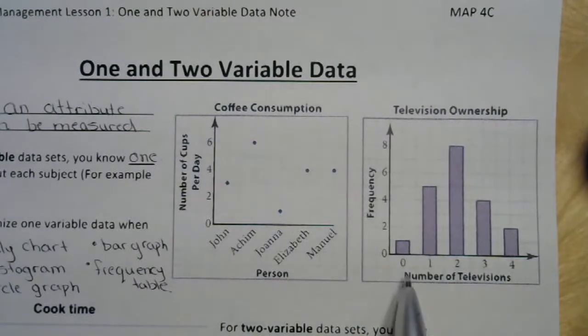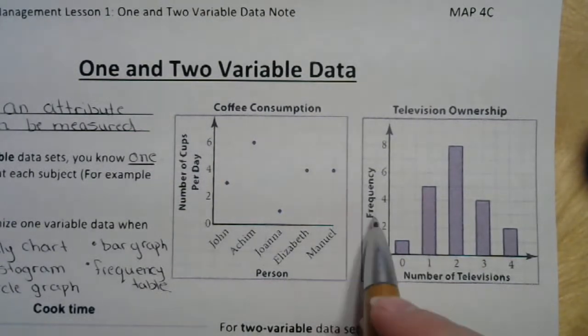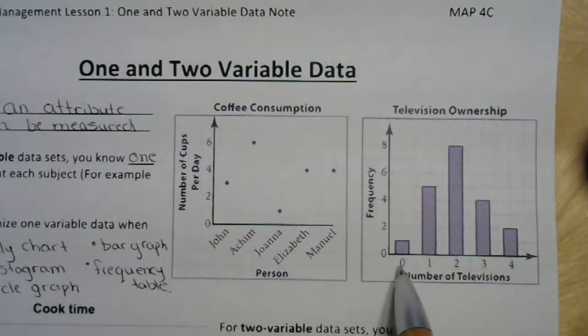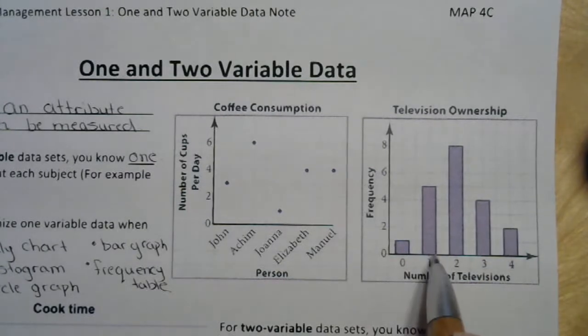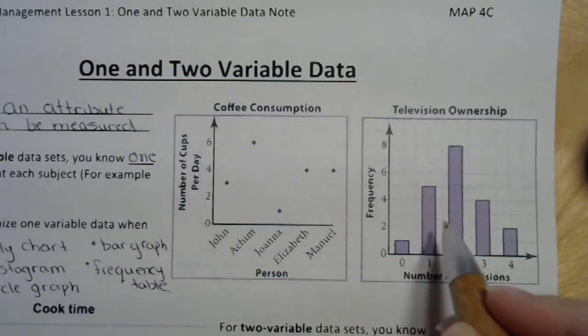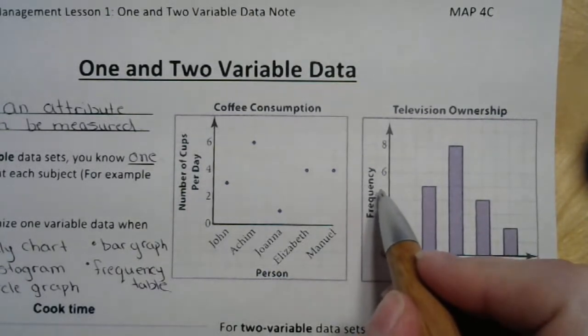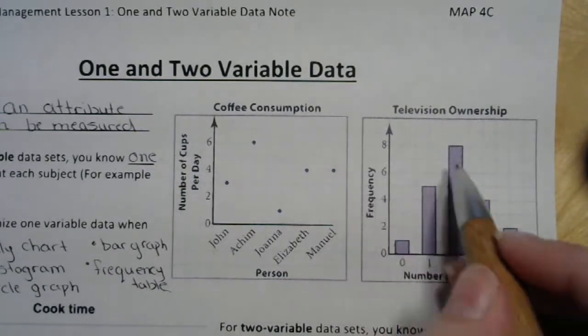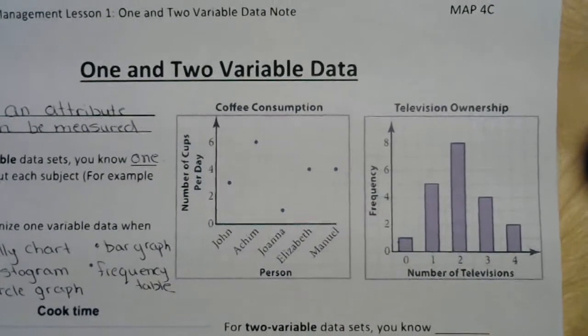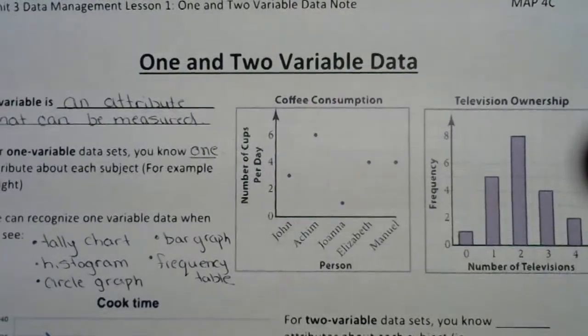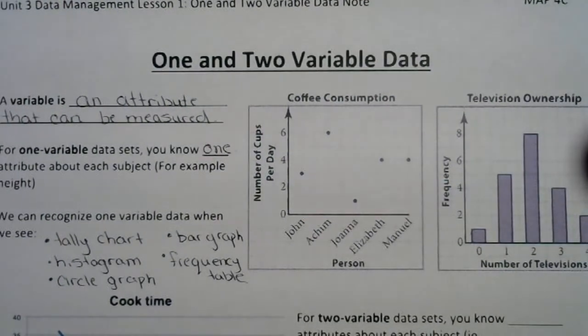Television ownership. So this looks like how many televisions, and this tells you the frequency. So how many people own no televisions? 1. How many people own 1 television? 5 people do. Okay. So frequency tables like that, frequency bar charts, is all one variable data.